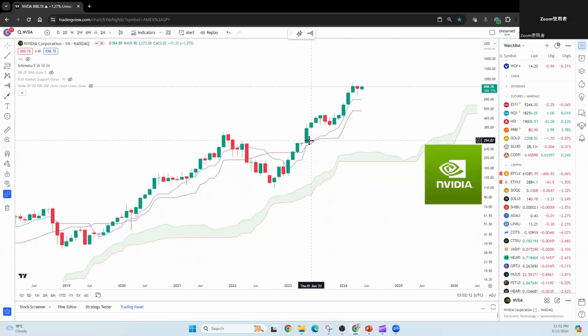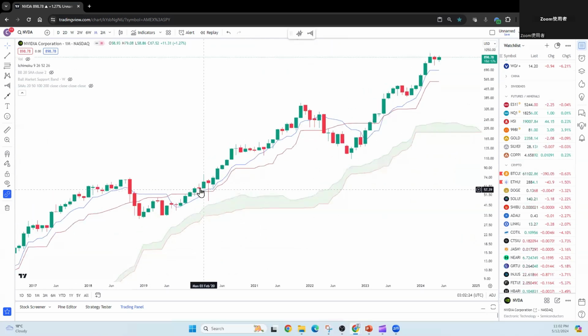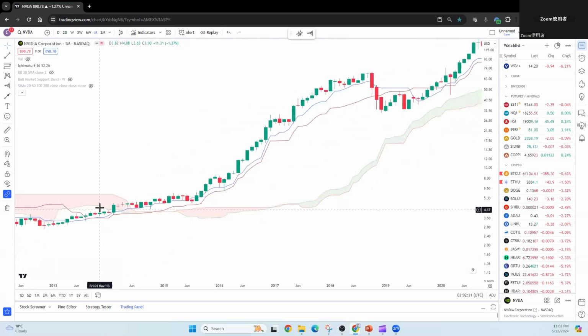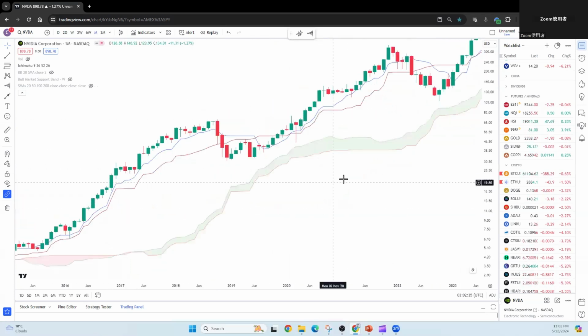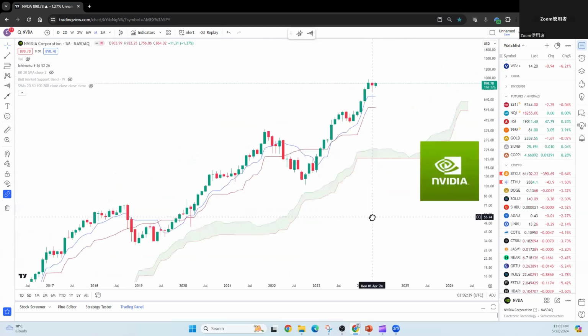Generally, on the monthly chart, if you have a bullish cross where the blue gets above the red, you have a bull trend that can last for 2 to 4 years. Look at the last cycle over here: a bullish cross that lasted at least 2 years. And the cycle before that had a bullish cross that lasted for about 5 years. So this semiconductor bull cycle can go on for quite some time.